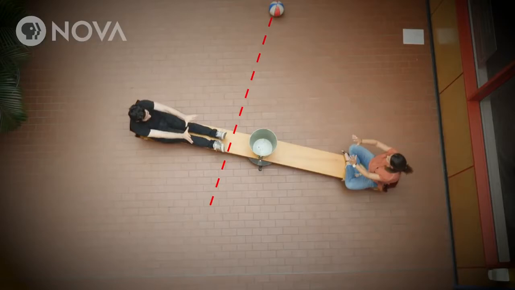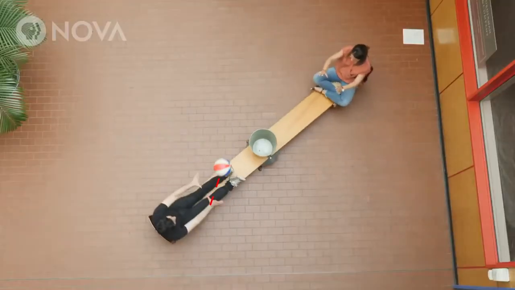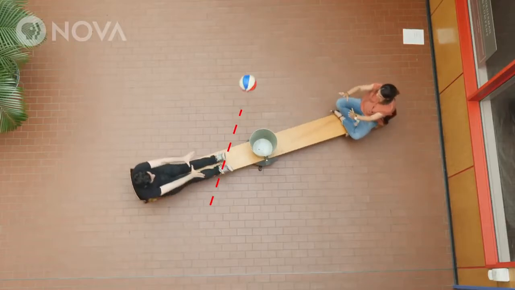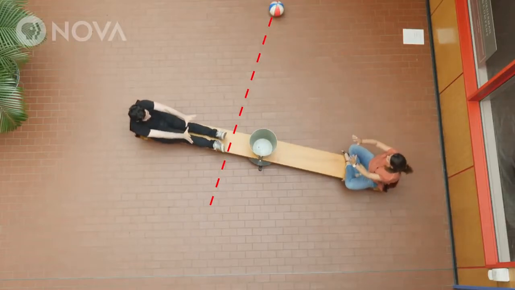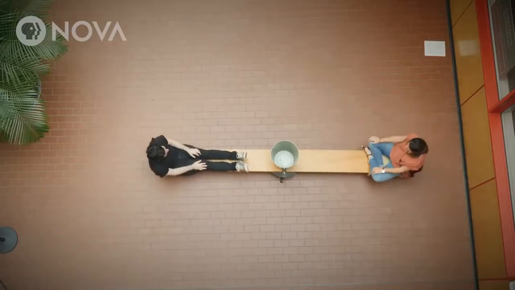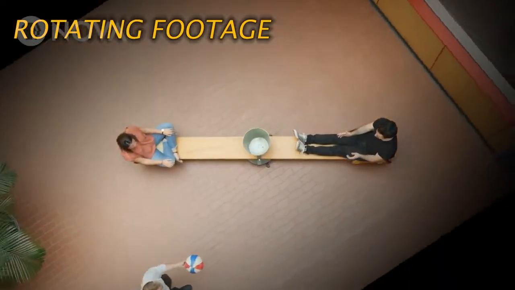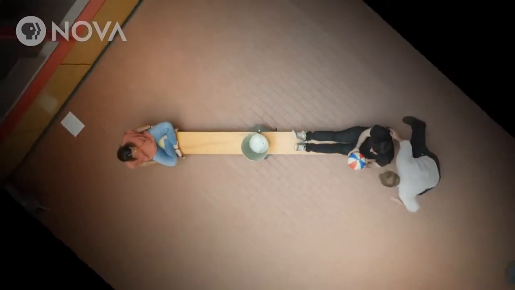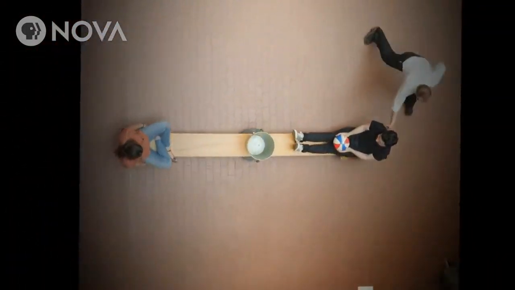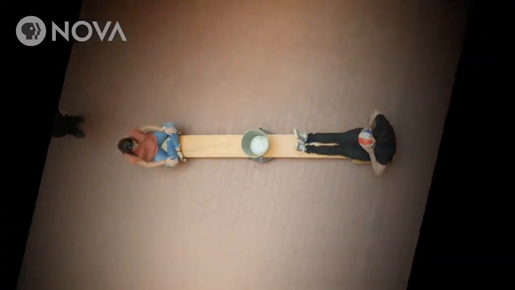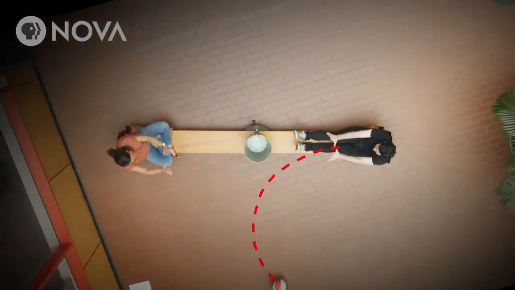Let's watch that again, frame by frame. Keep your eye on the ball. You can see it travels in a perfectly straight line. But what if you're spinning with the seesaw? Look at what happens when you rotate the footage so the seesaw stays sideways and everything moves around it. Now let's follow the path of the ball again, but from this new perspective.